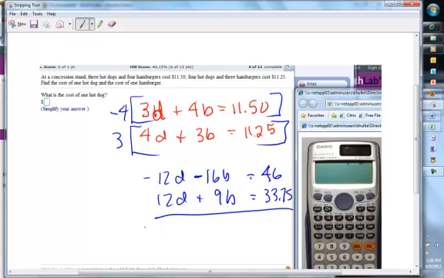Add those two equations together. These are eliminated, and you have negative 7B is negative 12.25. So divide that by negative 7.